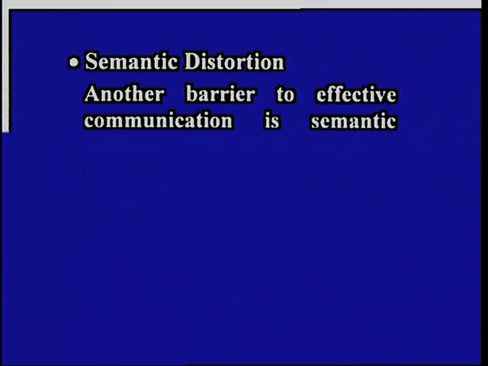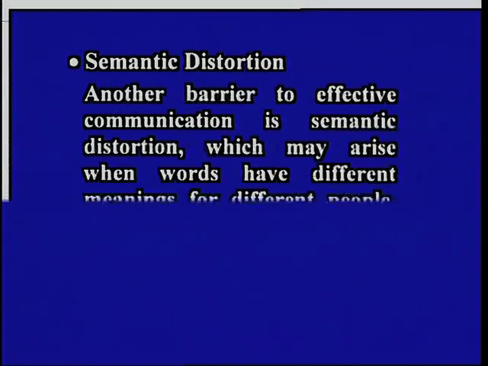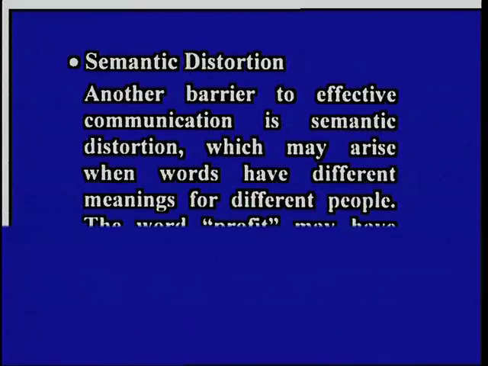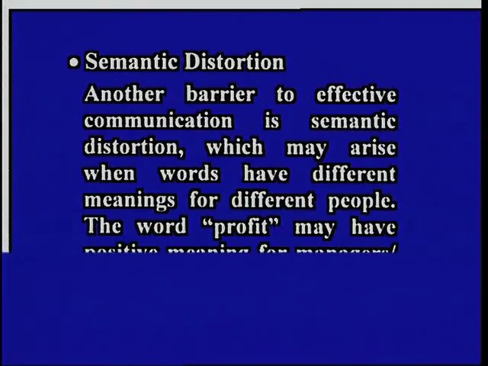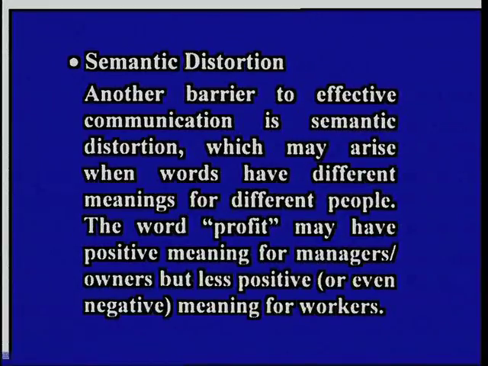Semantic distortion. Another barrier to effective communication is semantic distortion, which may arise when words have different meanings for different people. The word profit may have positive meaning for managers and owners, but less positive or even negative meaning for workers. Unclarified assumptions.